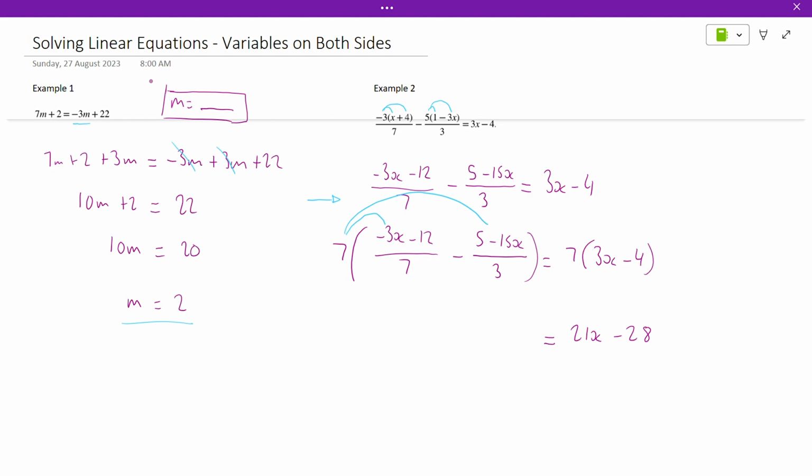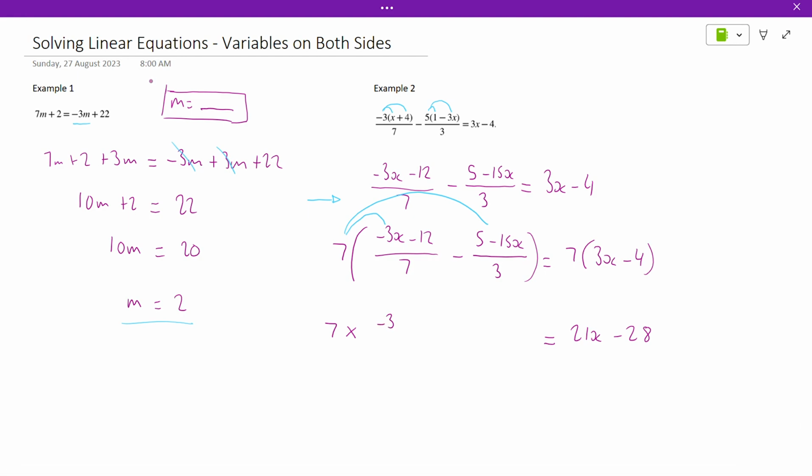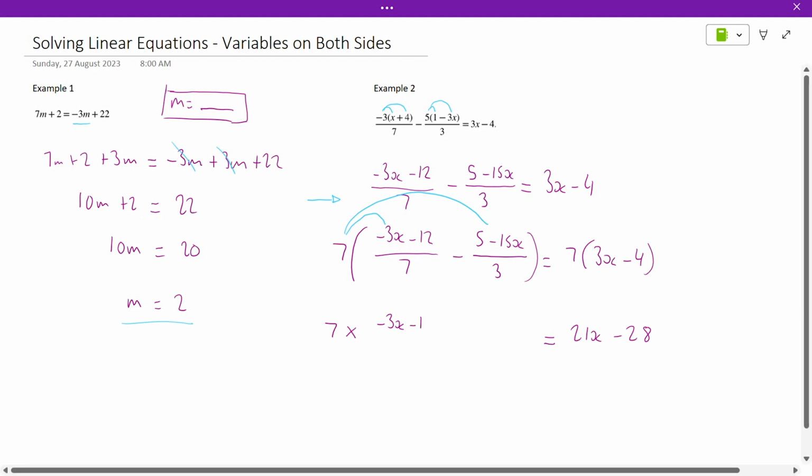So I've got a 7 times, and let's do just a big X for times, 7 times that whole first fraction, so negative 3x minus 12 divided by 7.